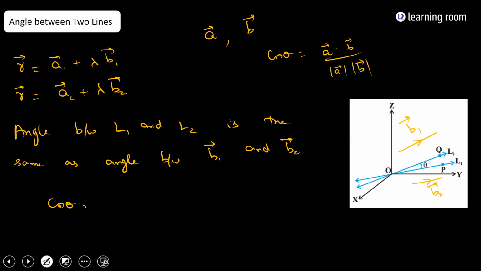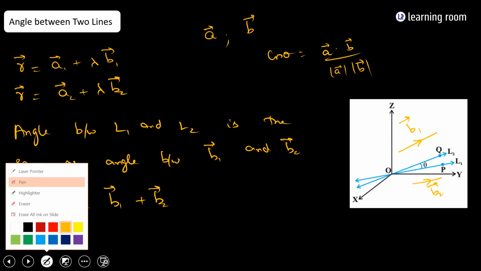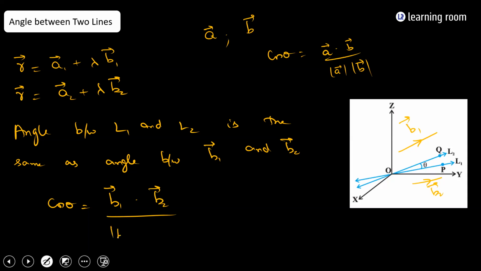So cos theta will be equal to how much? B1 vector dot B2 vector by magnitude of B1 vector into magnitude of B2 vector. So if you simply do the dot product between both, you're going to get the answer.